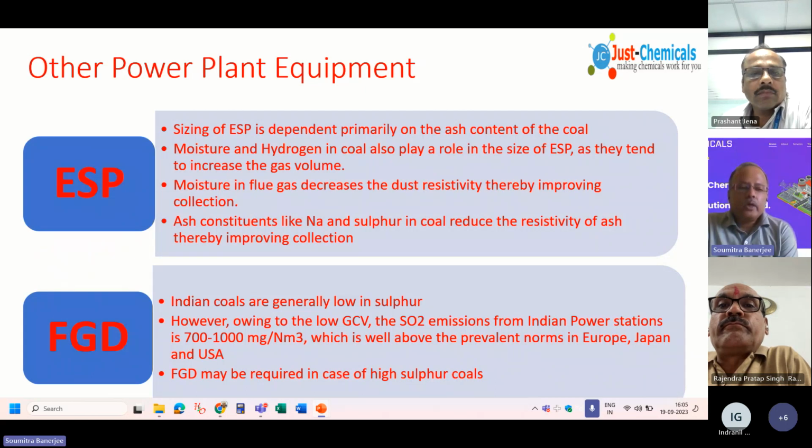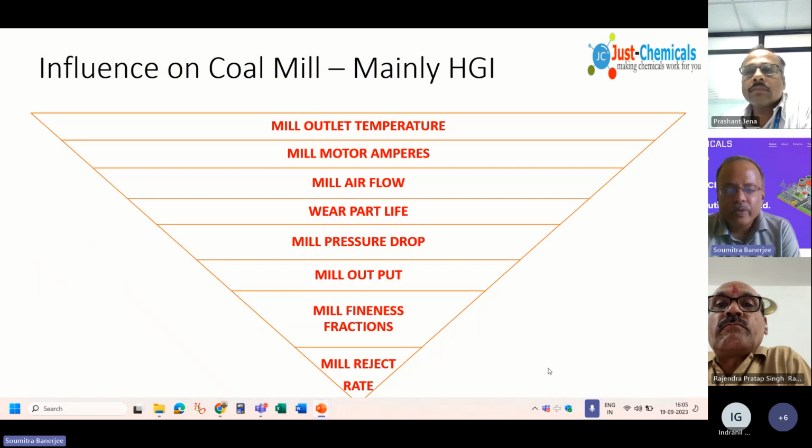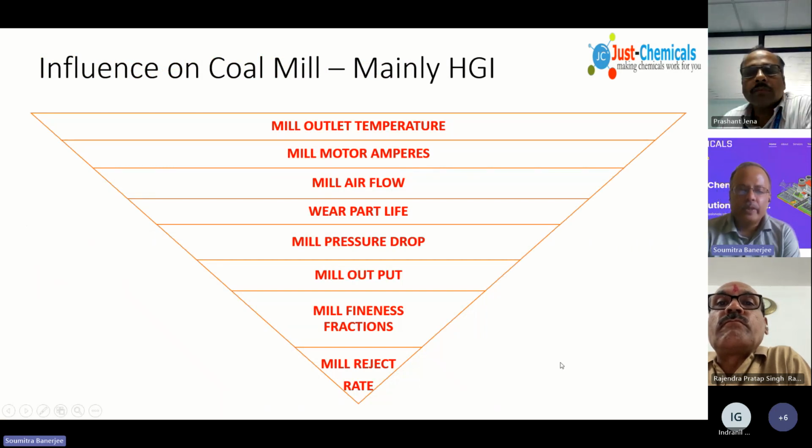Now, Indian coals are generally low in sulfur. However, owing to the low GCV, the sulfur dioxide emission from Indian power stations is 700 to 1000 milligrams per normal meter cube, which is well above the prevalent norms in Europe, Japan, and USA. Now, the Indian government is trying to reduce this as well. They have made plans to get this mandatorily done.